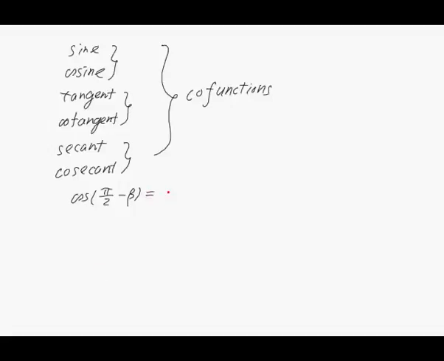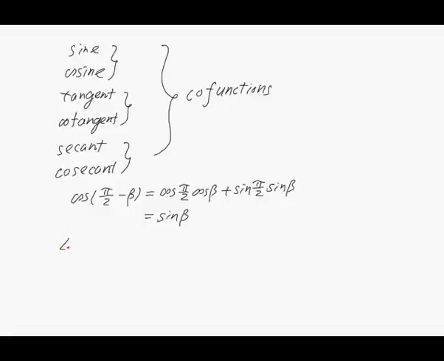We know this is equal to cosine of half pi times cosine beta plus sine half pi times sine beta. Okay, so what is cosine half pi? 0, right? Cosine half pi is 0, so this part is just gone. And sine half pi is equal to 1, so totally this is equal to sine beta.